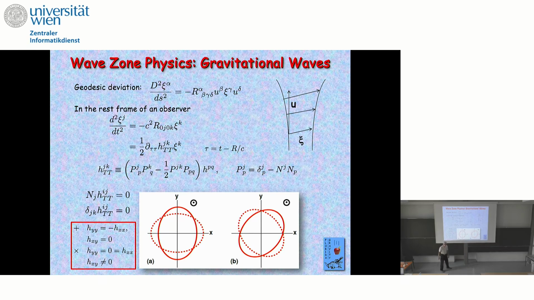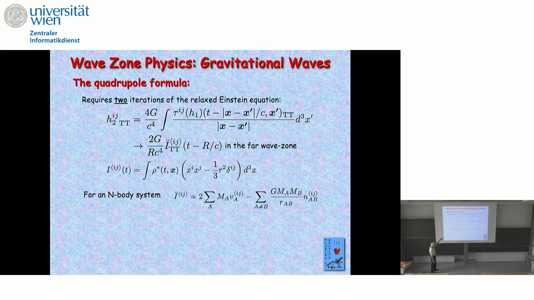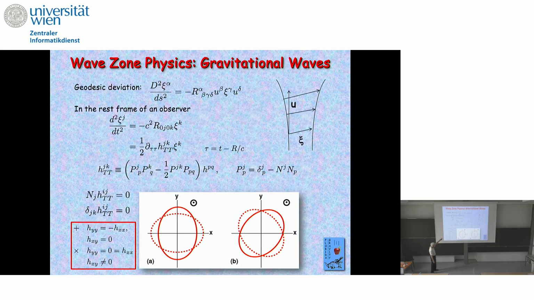We want to ask ourselves, what does each of these sets of solutions do to this ring of particles? Well, let's consider this first. And remember the basic equation that the displacement of a particle is proportional to this times the location of the particle.